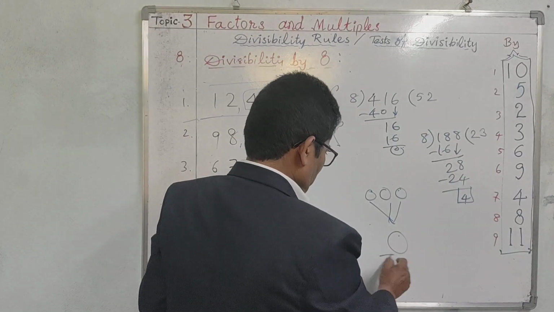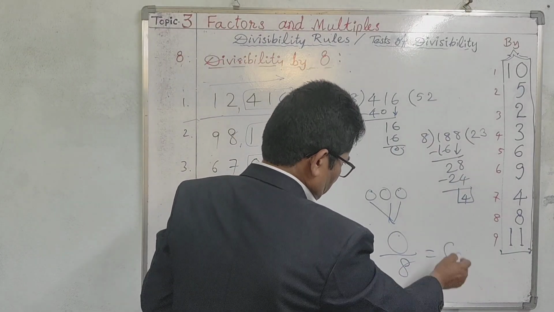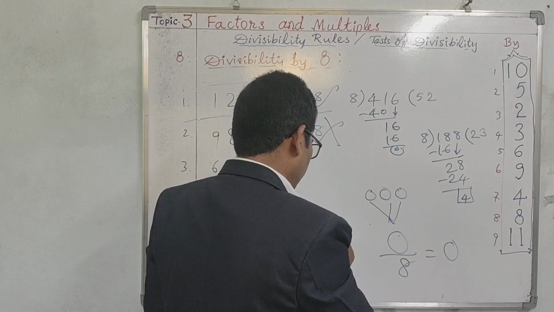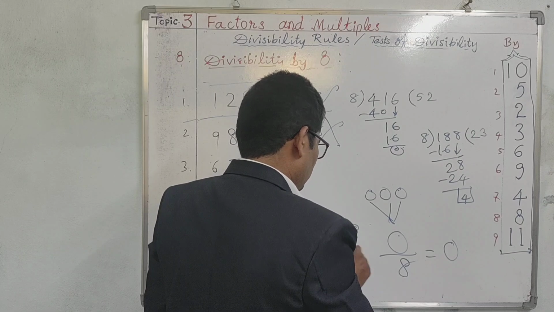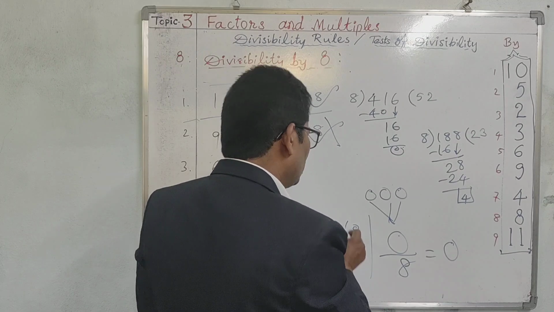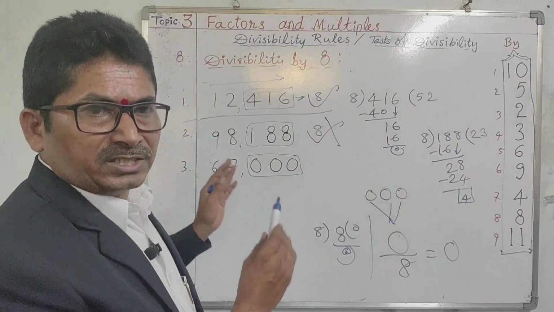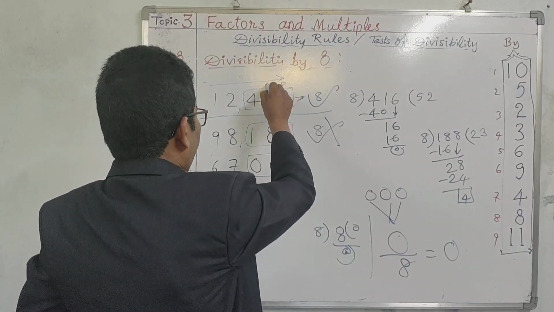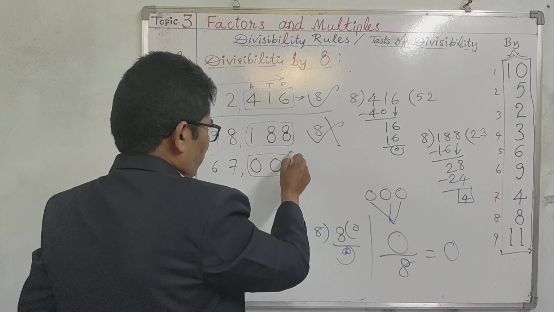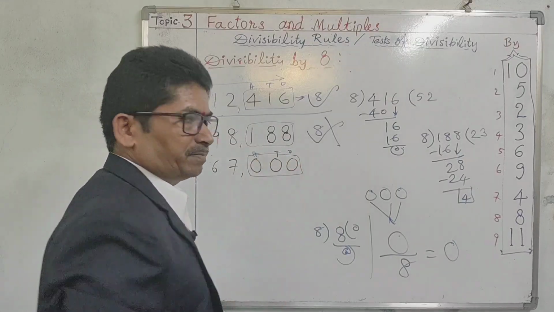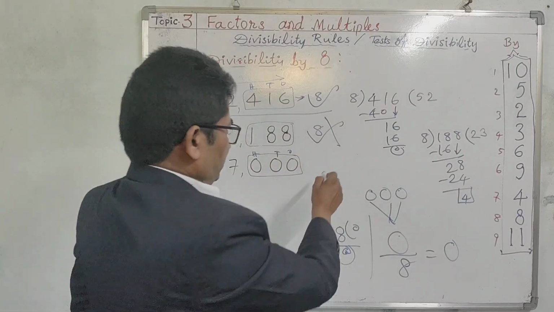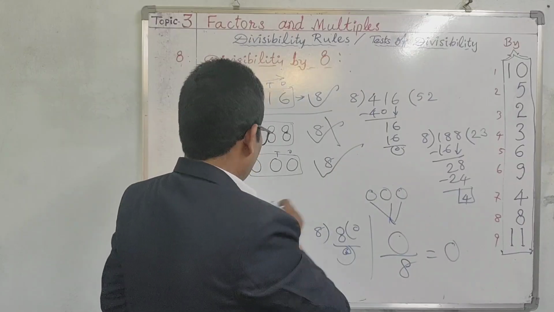So 0 by 8 is equal to 0. So if there are 3 zeros in the ones, tens, hundreds places, then the number is exactly divisible by 8.